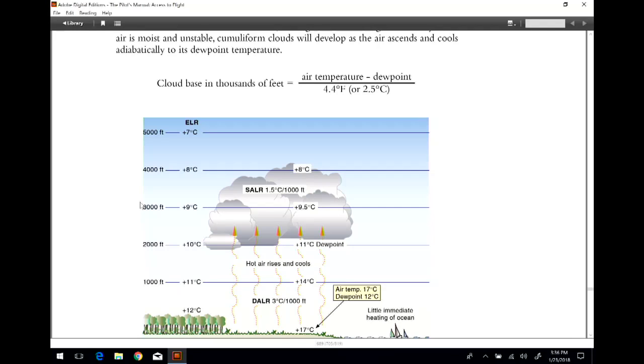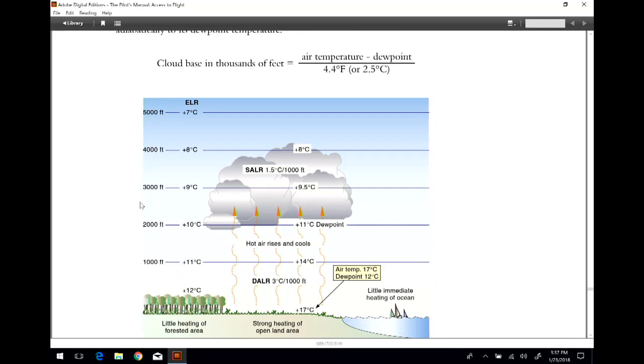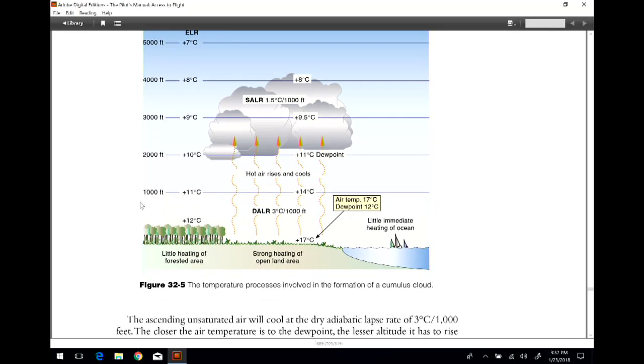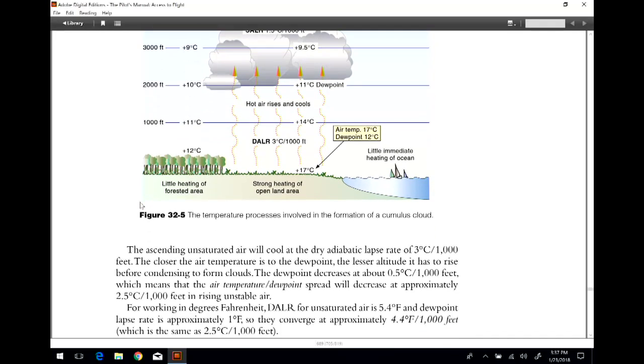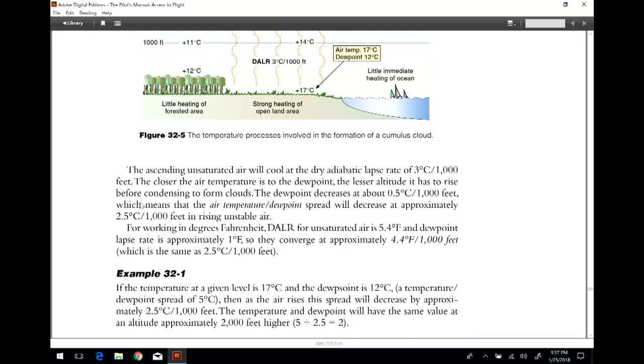So if you know the temperature and the dew point, you can calculate the cloud bases of the clouds above you in AGL, okay? And these are going to be an AGL type of measurement.